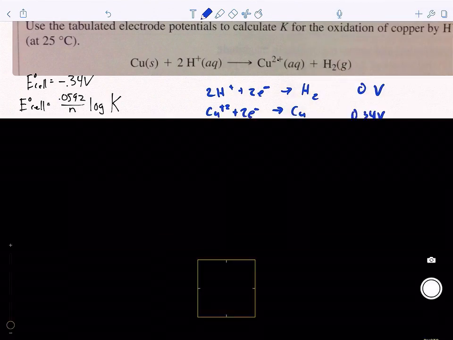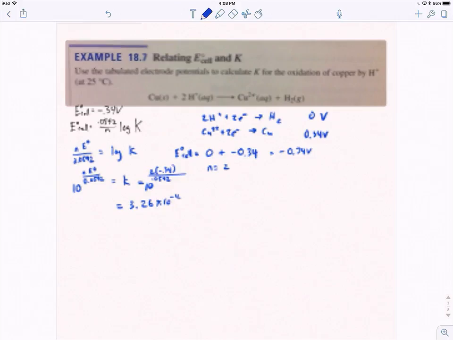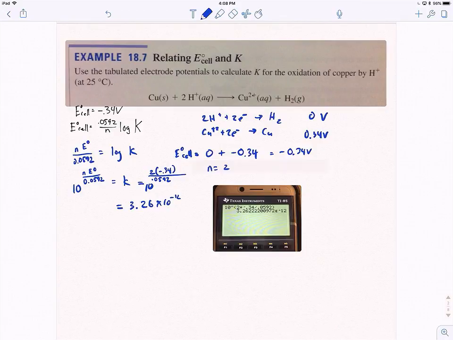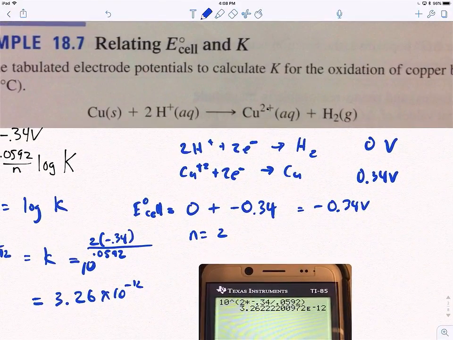Does that mean that this is a reaction that happens a lot? Does that mean that this is a chemical reaction that shifts very far to the right, or does it shift very far to the left? So what does a really small K mean? Does that mean reactants favored or products favored? So what is K?